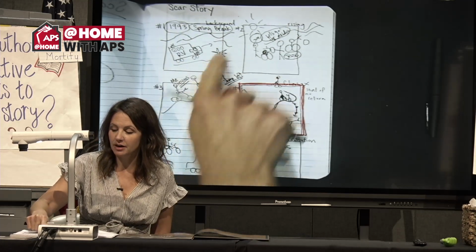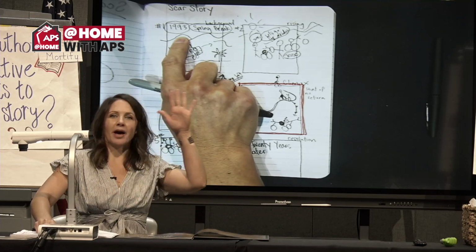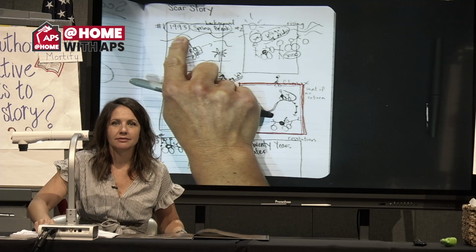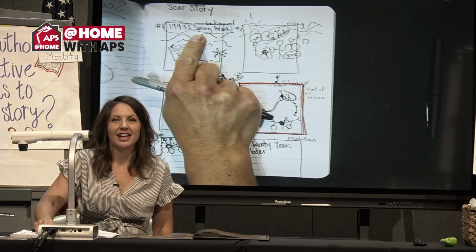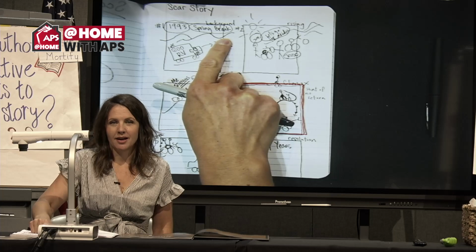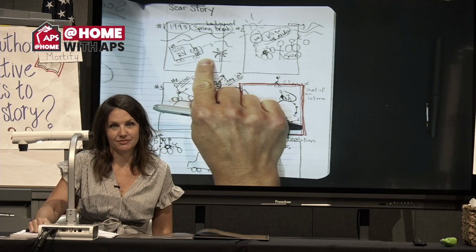When I'm looking here, I said my story occurred way back in the year 1993. It was spring break, so I was on vacation from school, and my family was headed to the desert.